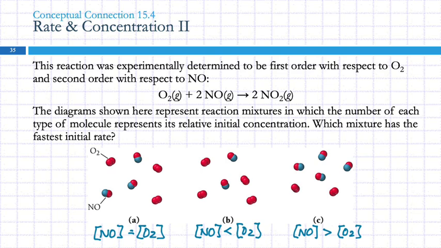So we could do this without writing the rate law, but it'll just help if we write the rate law. The rate is equal to the rate constant times the concentration of oxygen to what power? The reaction is first order with respect to oxygen, so that's a 1. And what's the order for nitrogen monoxide? 2.